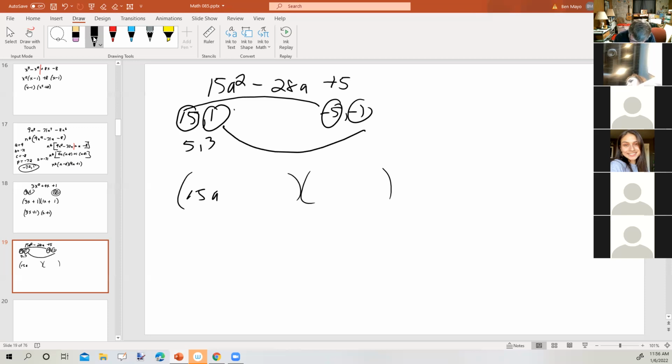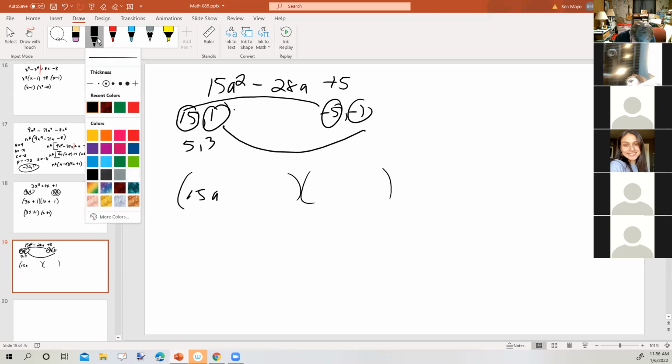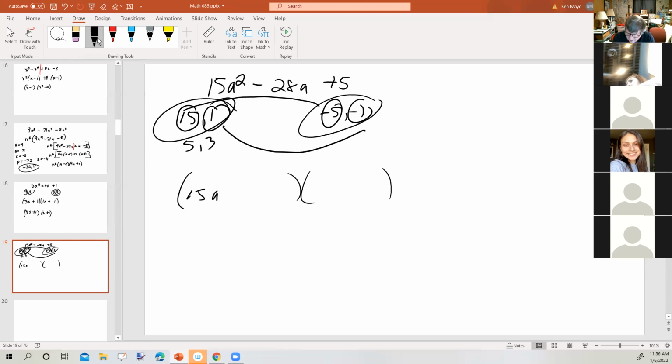So this combination with this combination isn't going to work. So let's try this one. Again, I take one of these times one of those, and the other of these times the other of those. 5 times -5 is -25. 3 times -1 is -3. -25 plus -3 is -28.